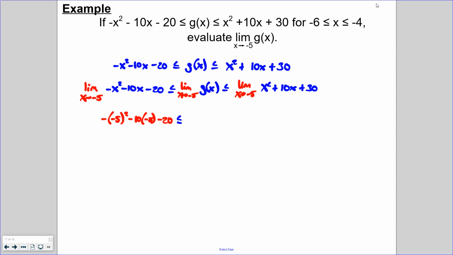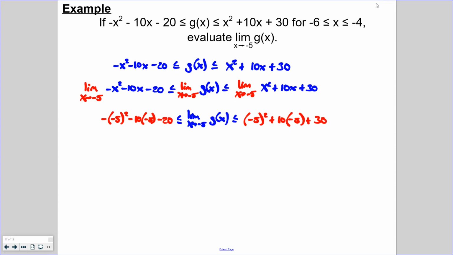And that's going to be less than or equal to the limit as x approaches negative 5 of g of x. And that's going to be less than or equal to, now for the upper limit we will apply direct substitution again, so I'll have negative 5 squared plus 10 times negative 5 plus 30.